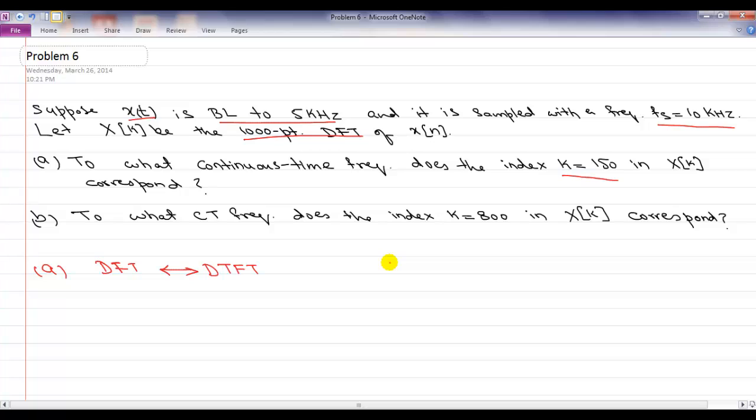But now we want to relate it back to the continuous time. So for that, you have to remember the relationship between the continuous time frequencies and the discrete time frequencies. What is that relationship? It's a rescaling of the frequency axis. So the sampling relationship that we had done earlier. So you want to go through that in 2 steps.